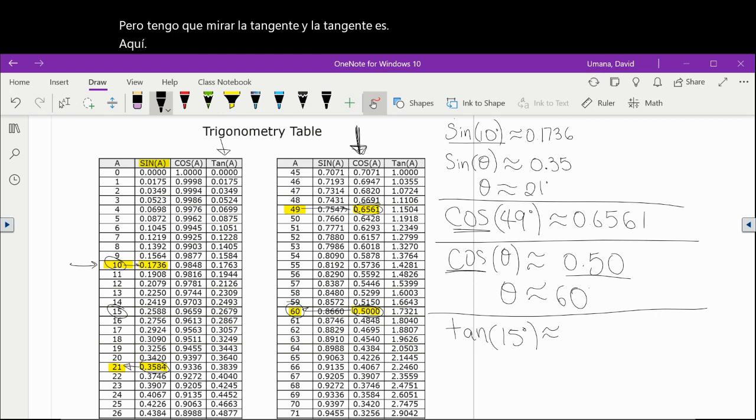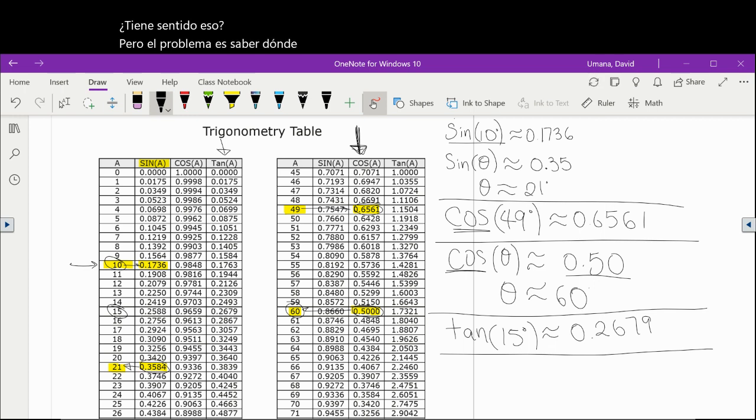So how much is going to be the tangent at 15? 0.2679. Right? Does that kind of make some sense? It is. But the problem is knowing where to look, and that sometimes is difficult.